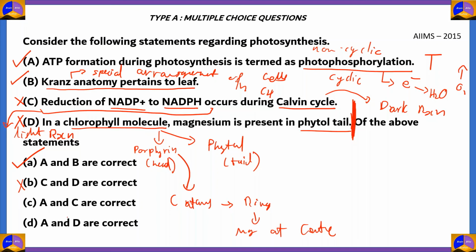In option C, it says that C is correct, whereas in fact C is wrong. And in option D, it says that statement D is correct, which is wrong. So the option is also incorrect. So therefore, after verifying all four statements and proving that they are true or false, we found the right option.